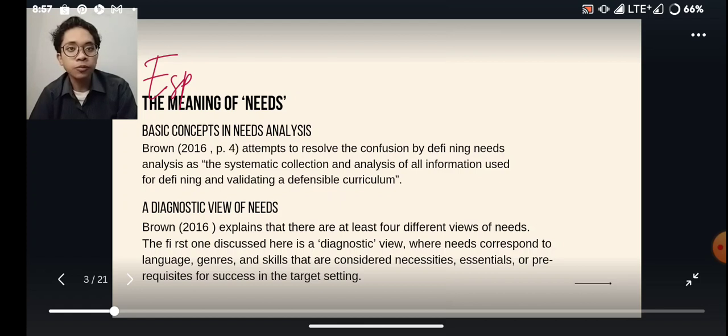The first one discussed here is the diagnostic view, where needs correspond to the language profile, the genres and skills that are considered essential or prerequisites for success in target settings.